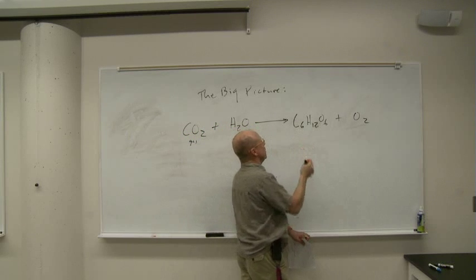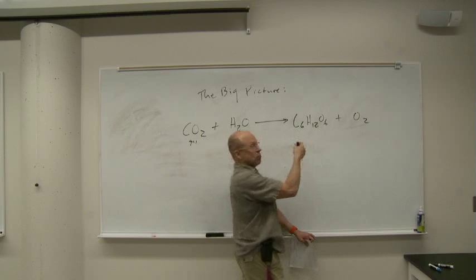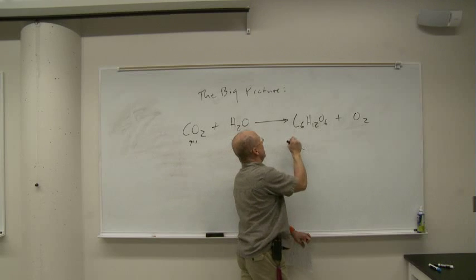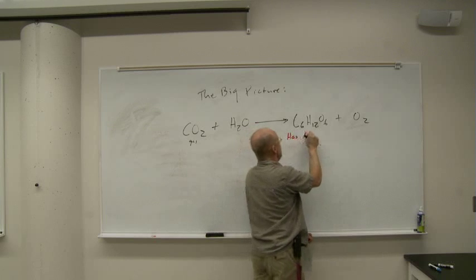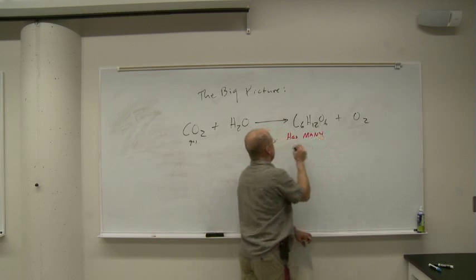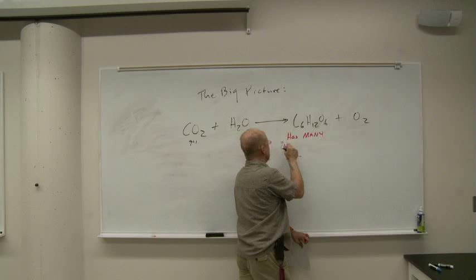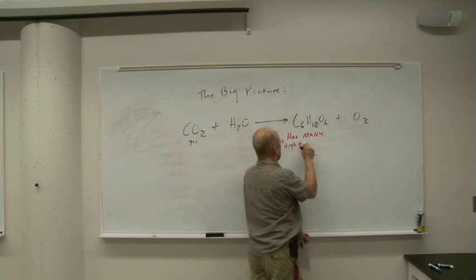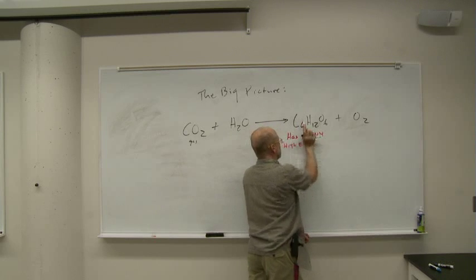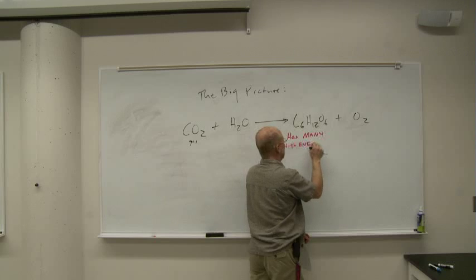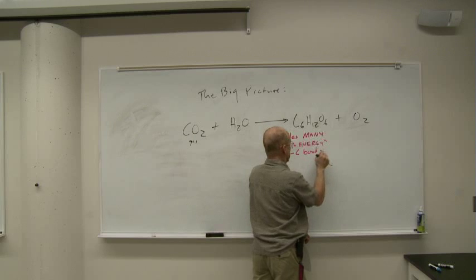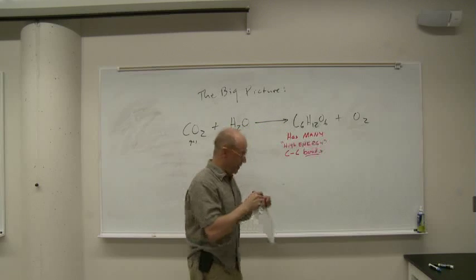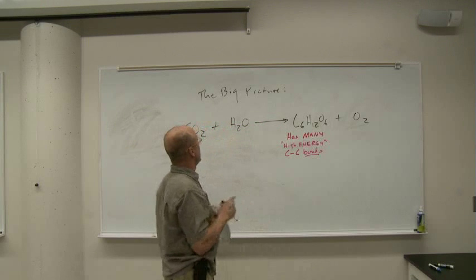This molecule here, which of course we identify as glucose, or certainly a monosaccharide, has many high energy carbon-carbon bonds. And of course, those are single covalent bonds in that molecule.